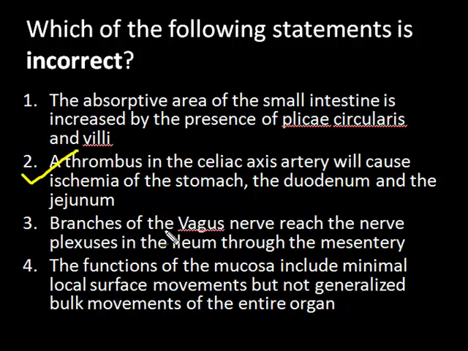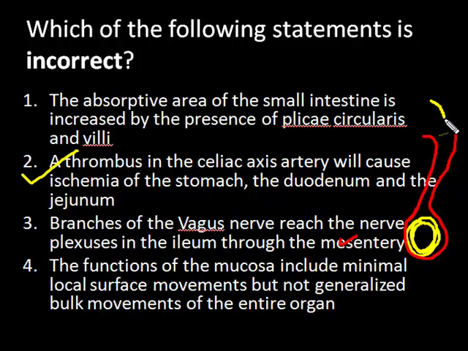But let's look at the other choices that we have. It says the branches of the vagus nerve reach the nerve plexuses in the ileum through the mesentery. Now this is true because the ileum has a mesentery, and we just looked at the previous question where we saw the wall of the ileum, and the mesentery which surrounds it, and how the nerves reach the nerve plexuses through the mesentery.